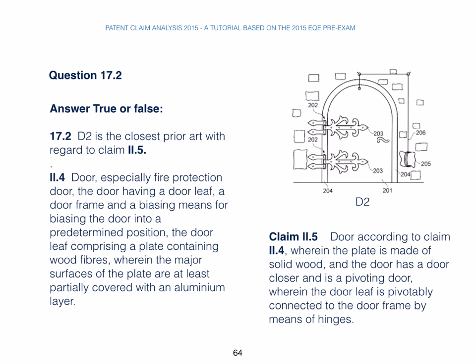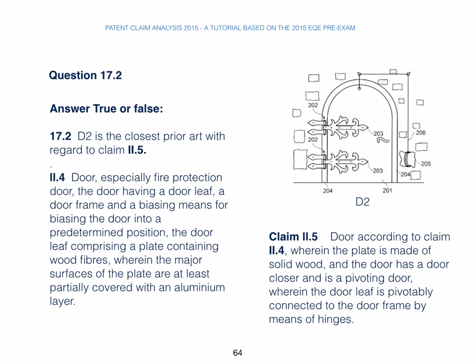Claim 2.4 reads, door, especially a fire protection door, the door having a door leaf, a door frame, and a biasing means for biasing the door into a predetermined position. The door leaf comprising a plate containing wood fibers wherein the major surfaces of the plate are at least partially covered with an aluminium layer.